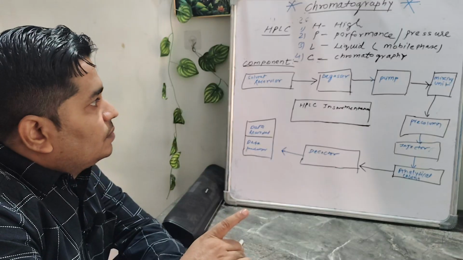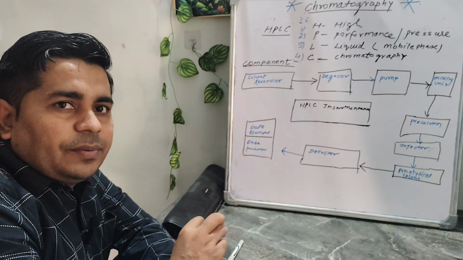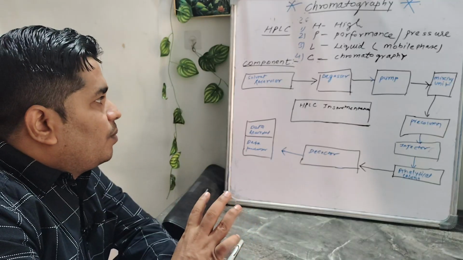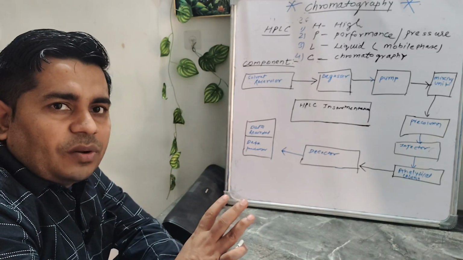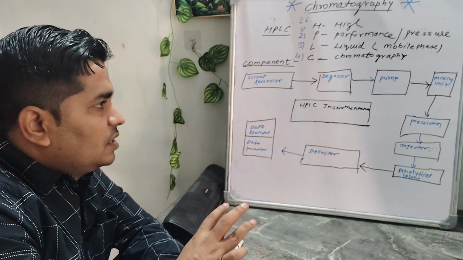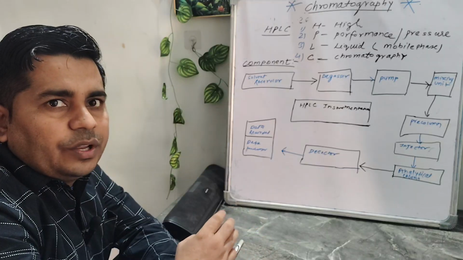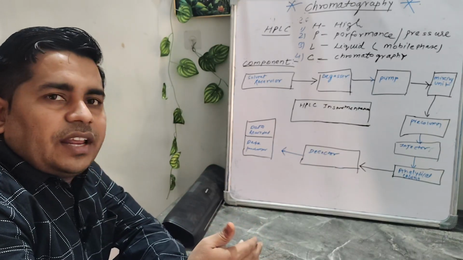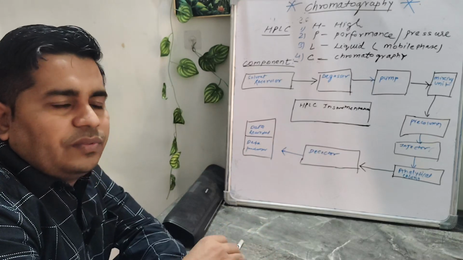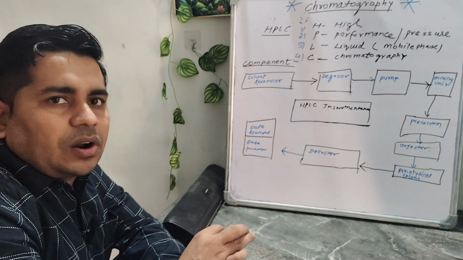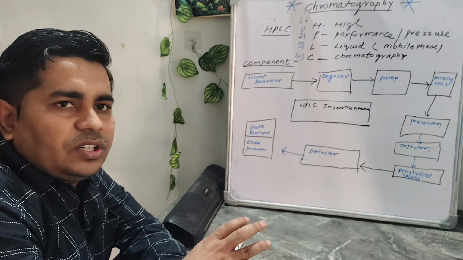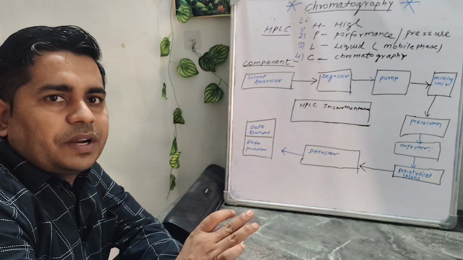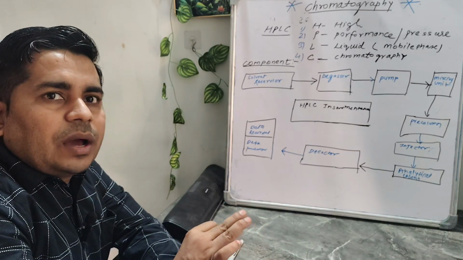And the mixing unit means the different grades A, B, C, D, as I discussed for the quaternary system. The fourth type of solvent grade can also be mixed in the mixing unit to uniform the flow at a fixed rate. Suppose we deliver 1 ml per minute flow into our column, and mixing takes place for the proper mixing of the solvent, for uniform flow and best practice in the chromatographic system.